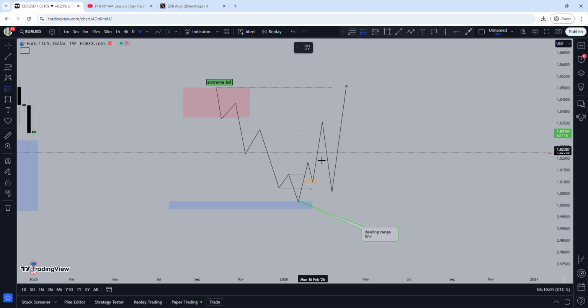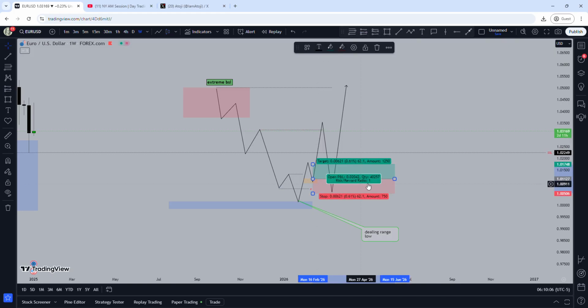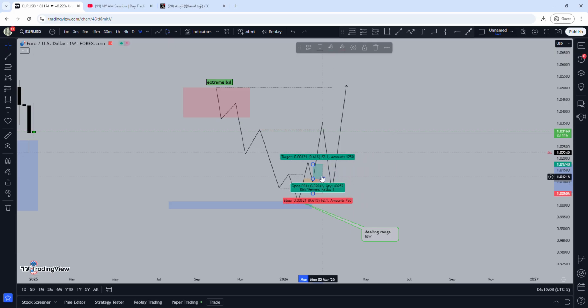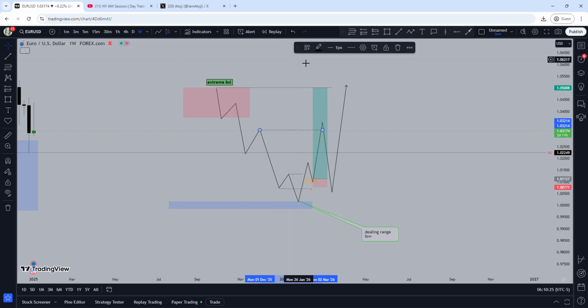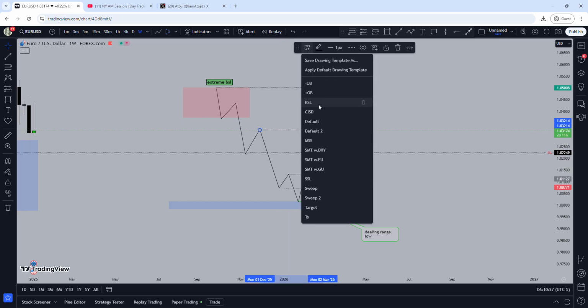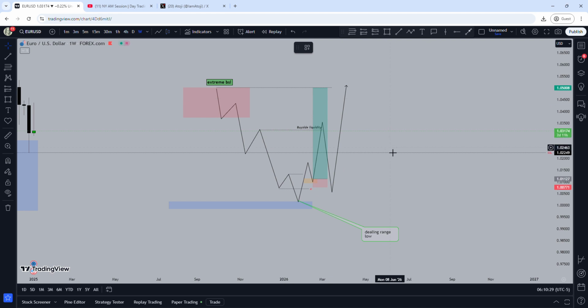Let's say you get in on a trade here, say your stop is below, you're not going to be targeting this. You should be targeting the nearest liquidity zone, which is this buy side.